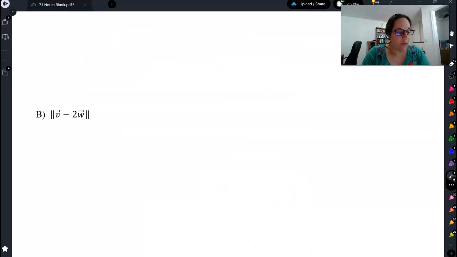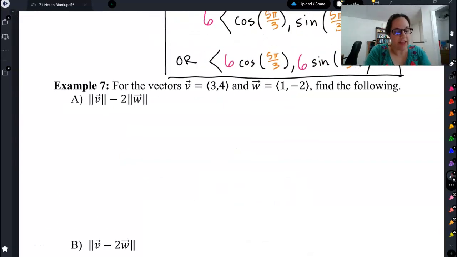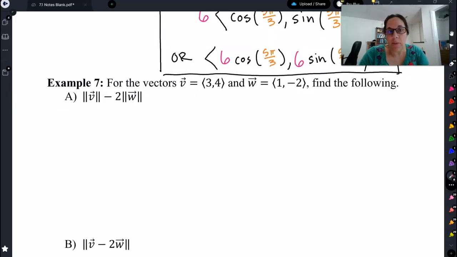So with that in mind, we only have 2 problems left in this lesson. Let's practice a little more with magnitude. In this first problem, I want you to find the magnitude of V, find the magnitude of W, and then do the magnitude of V minus 2 times the magnitude of W. See what that is.